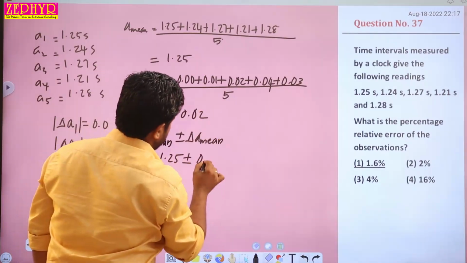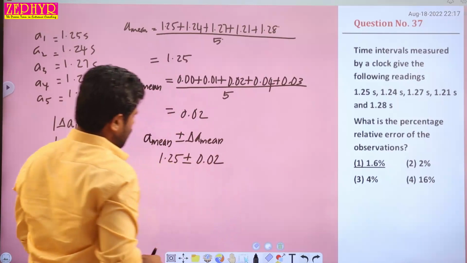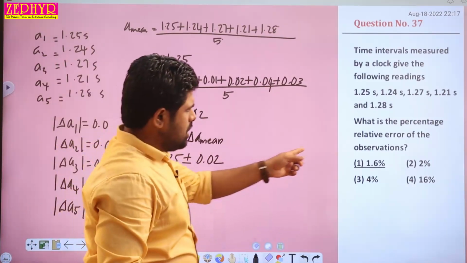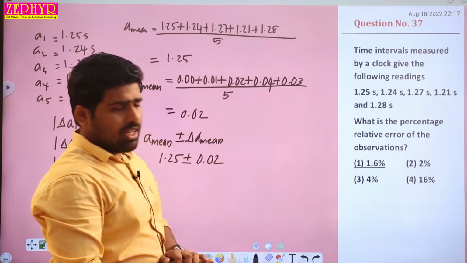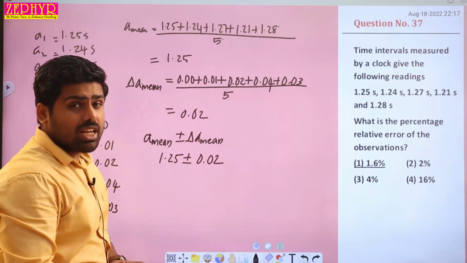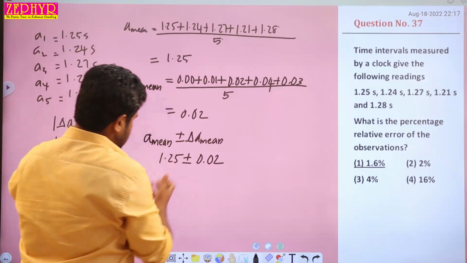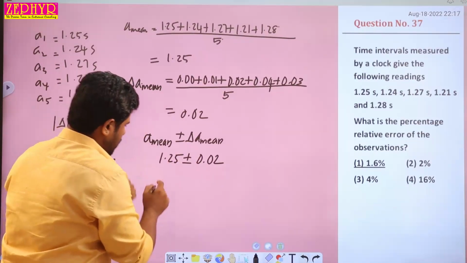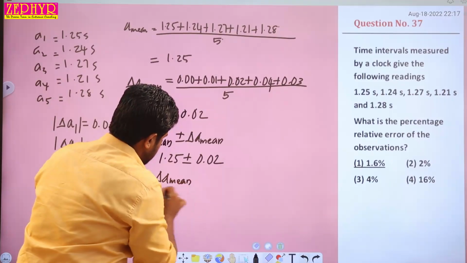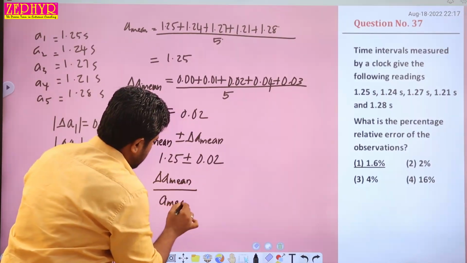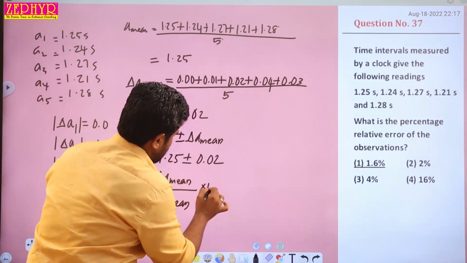Then the question is, what is the percentage relative error of the observation? Actually, relative error is delta A mean divided by A mean, into 100.